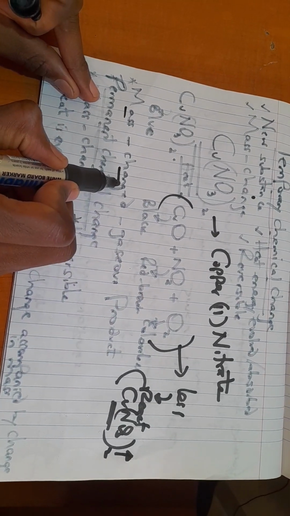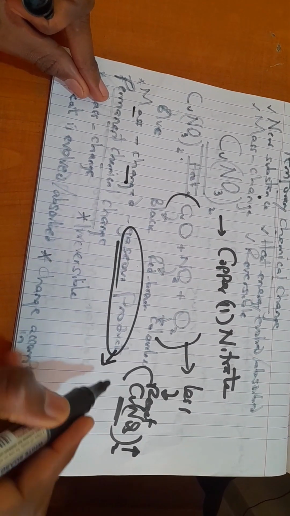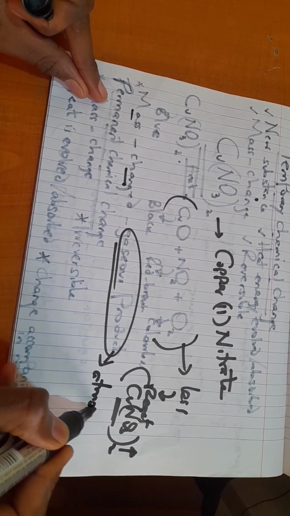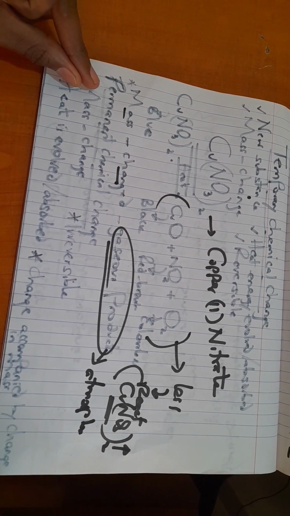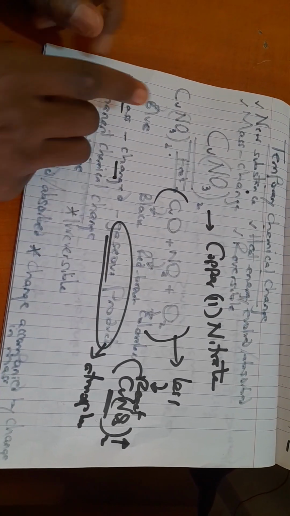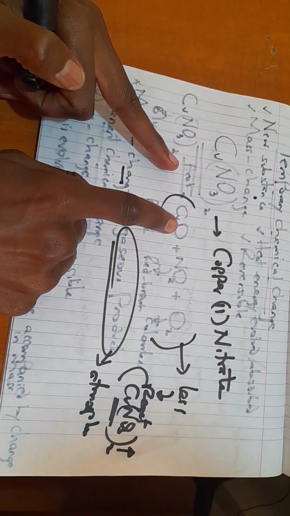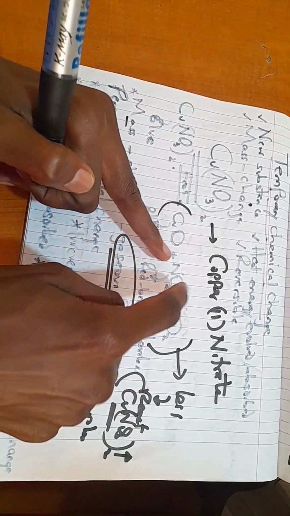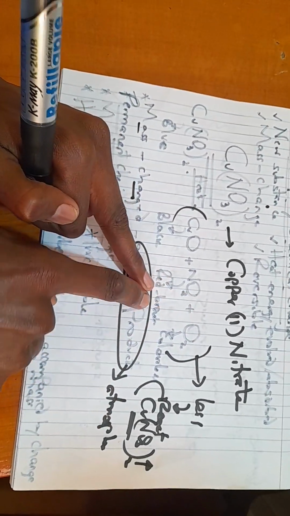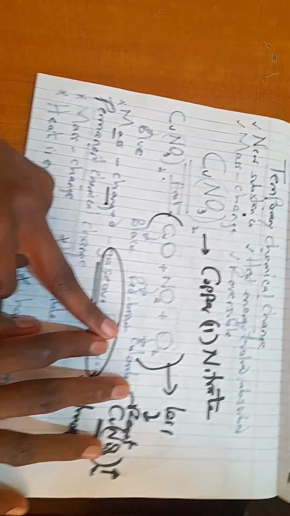Mass therefore changes, and it changes because gaseous products have been released into the atmosphere. Very important for you to understand. Therefore, when copper(II) nitrate is heated, three products are formed: copper(II) oxide, which changes color from blue to black, nitrogen oxide, red-brown, and oxygen gas, which is colorless, as you can see there.